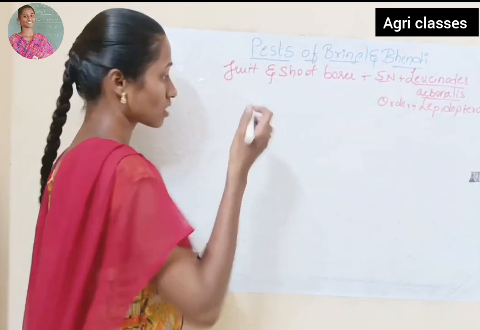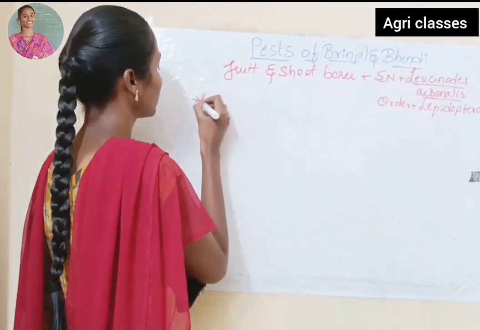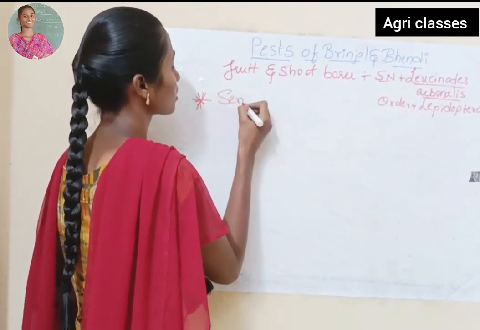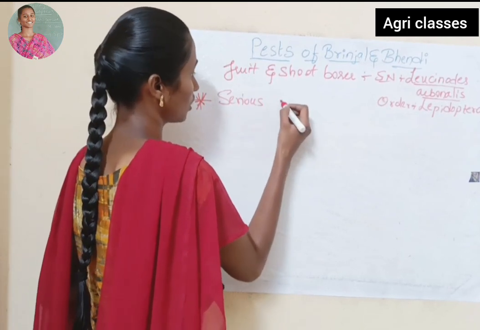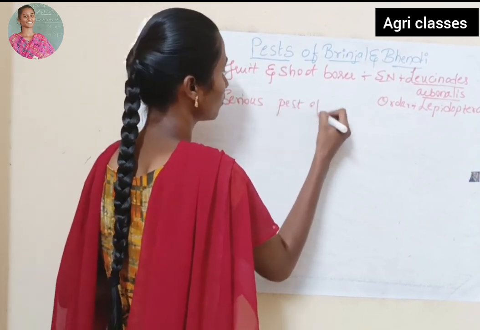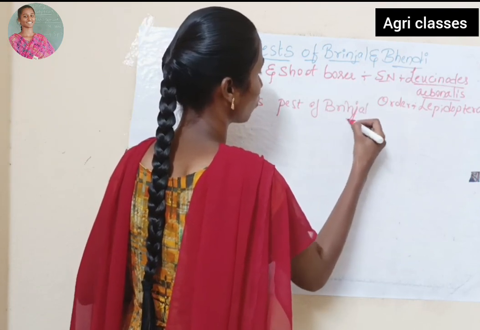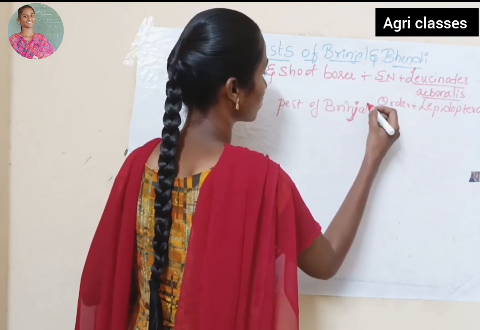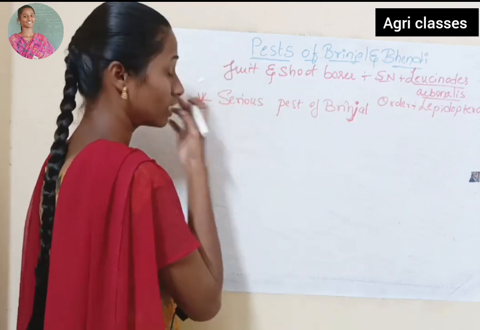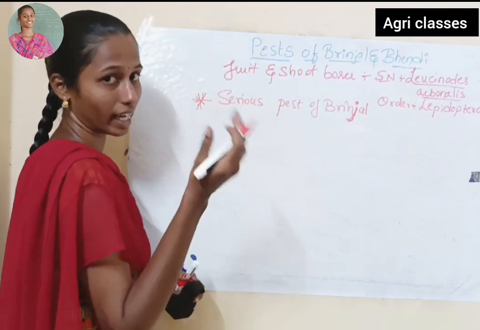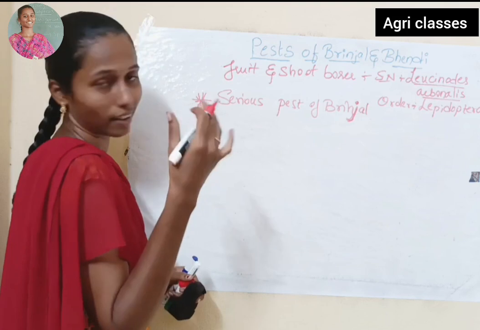So the first main important thing is that it is a serious pest of brinjal. You can see it all over the country. We can see this pest, and it also attacks potato crops and other crops.